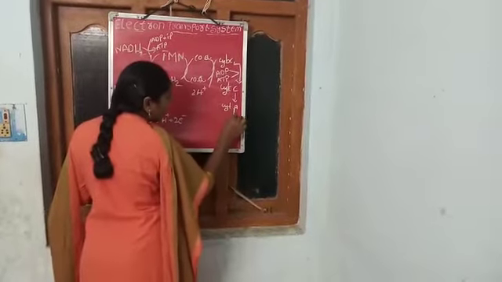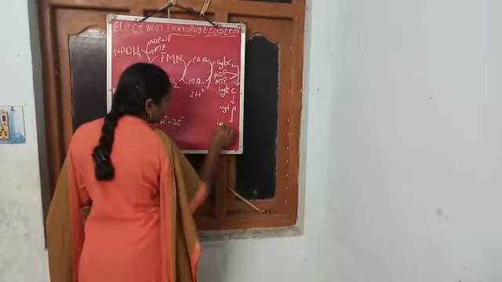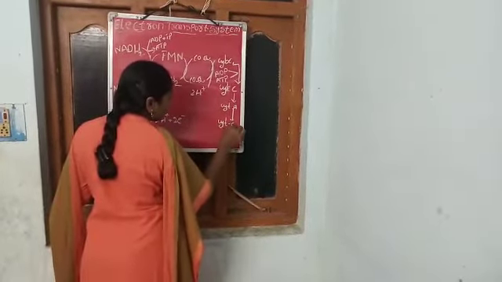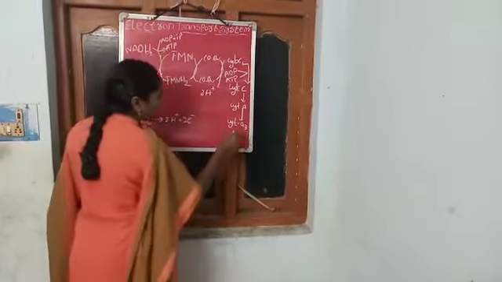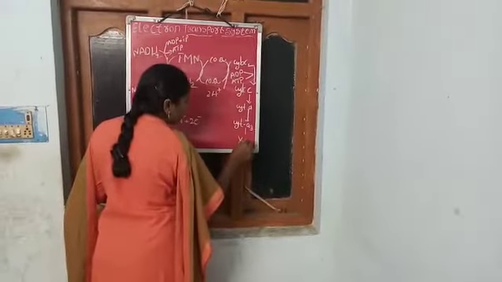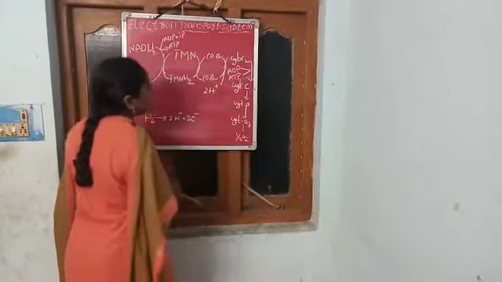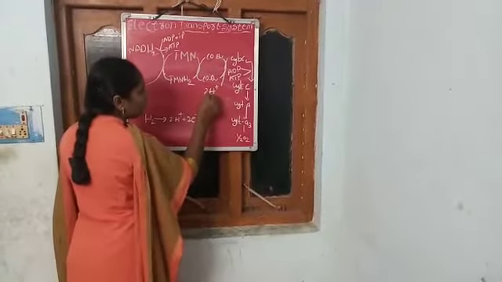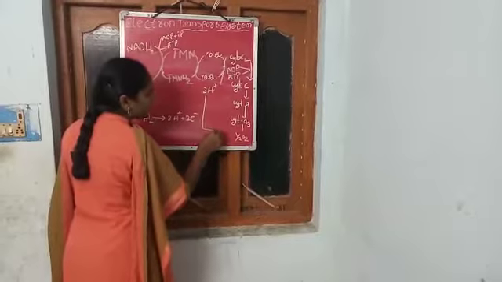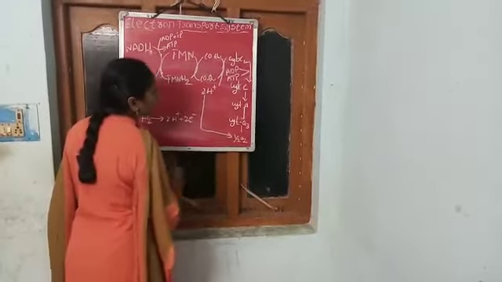Cytochrome a passes to cytochrome a3. Finally, it goes to O2. In this reaction, 2H plus combines with O2.